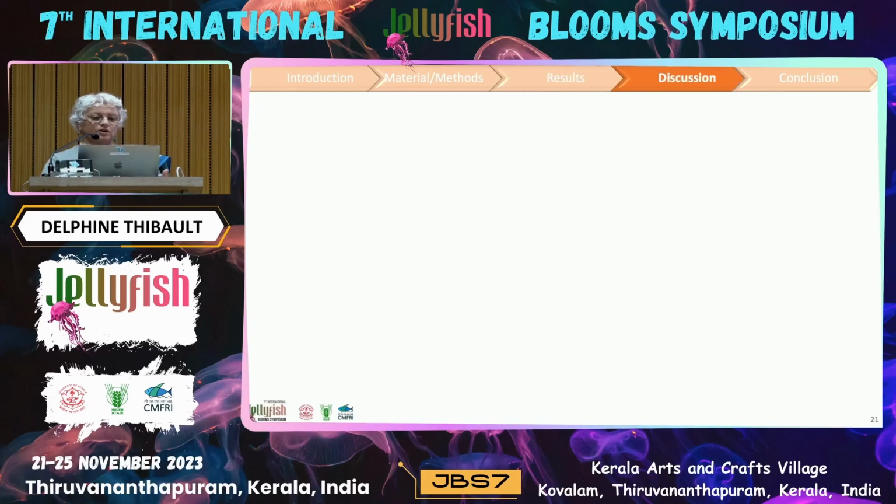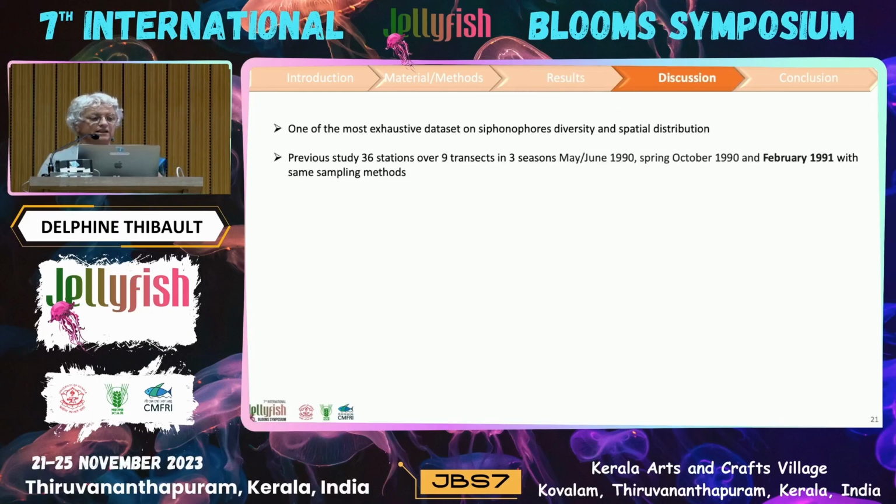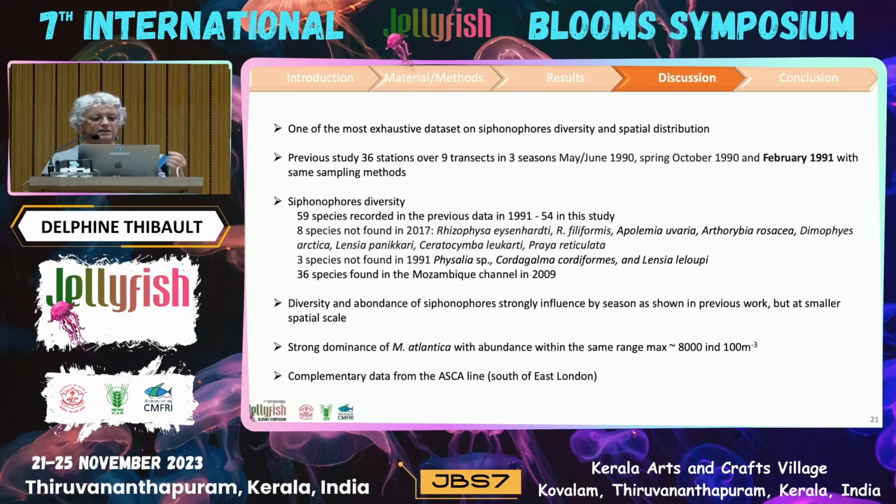So the take-home message is that it's one of the most exhaustive data sets on siphonophore diversity. I checked around, and I haven't seen anything with so many stations. The other study, done in 1991, was only 36 stations over 9 transects. It was done at different stations and at different periods.